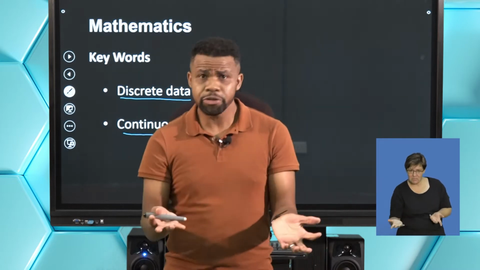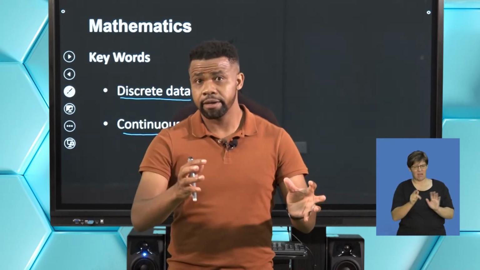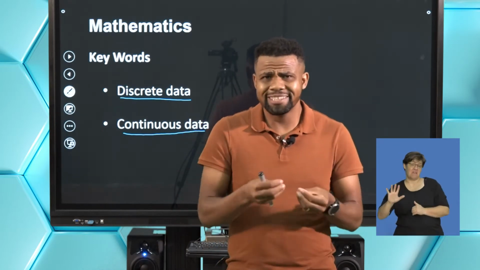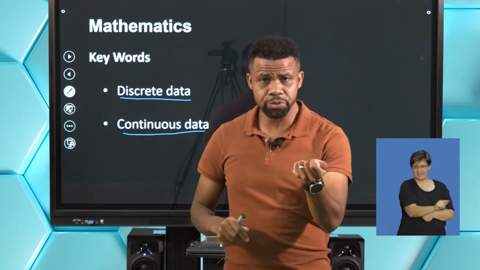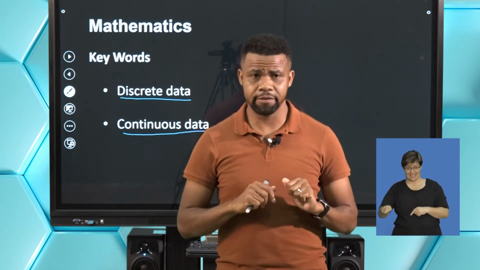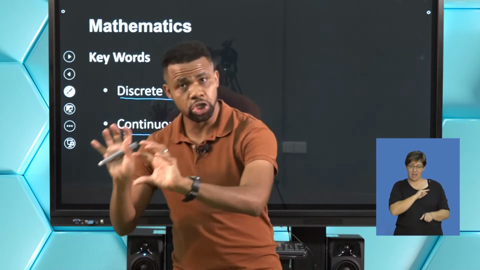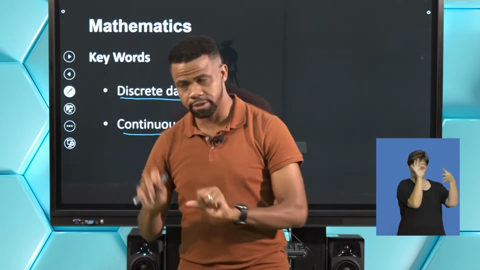But what about continuous data? Continuous data can take any value. It could be the temperature. Today it could be 30 degrees Celsius. Tomorrow, 35.5. So it can take any value, where discrete is a fixed value, continuous can take any value, even in decimals. That's the difference between continuous and discrete data.